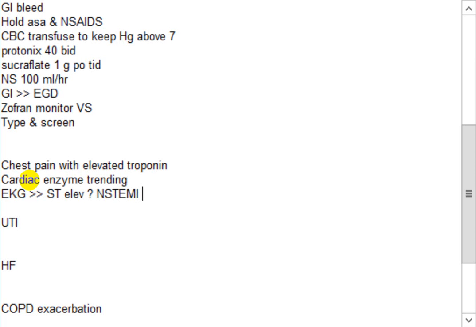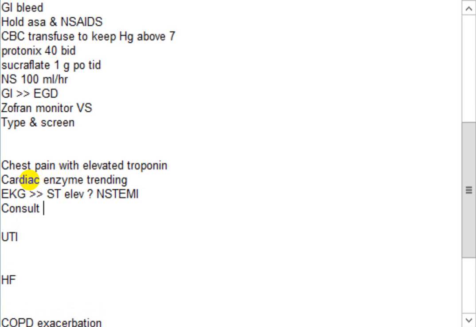If it was a STEMI, it's probably going to be admitted to the cardiology service. So most of the time they have NSTEMI and they have some other problems, that's why they admit them to the medical service. So for NSTEMI, the way you do it, just do the cardiac enzymes and regular labs, CBC, BNP, obviously on everybody, and you consult cardiology and talk with cardiology if they want to do some heart cath, just to see if there's any blockage that they can fix.